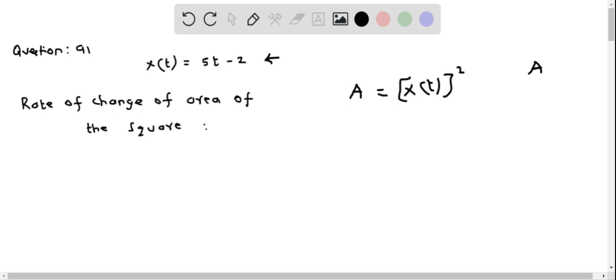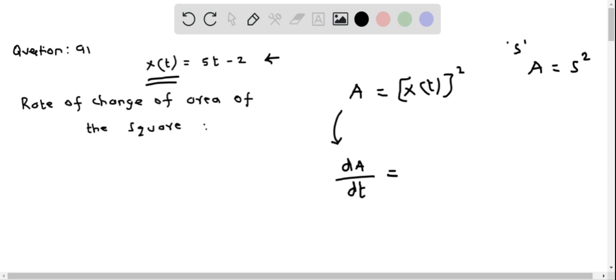If s is the side of the square, then the area of the square is A equals side squared. Since x of t represents the side of the square, we can write this area formula as A equals x of t quantity squared. Now we differentiate this equation on both sides with respect to time. We get dA over dt, the rate of change of the area of the square.